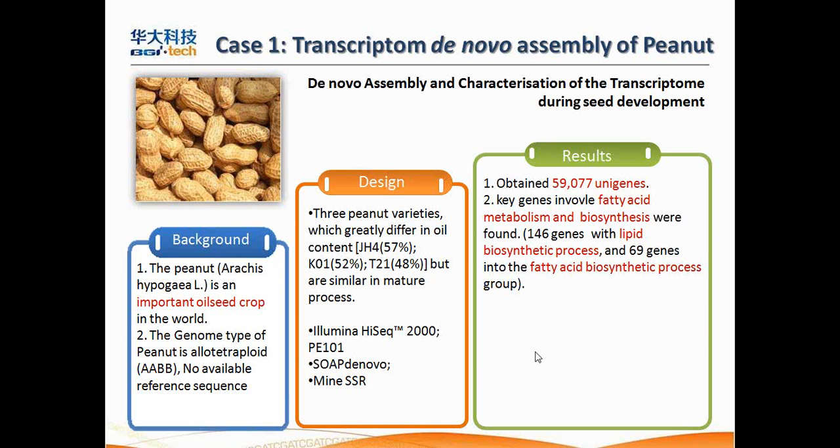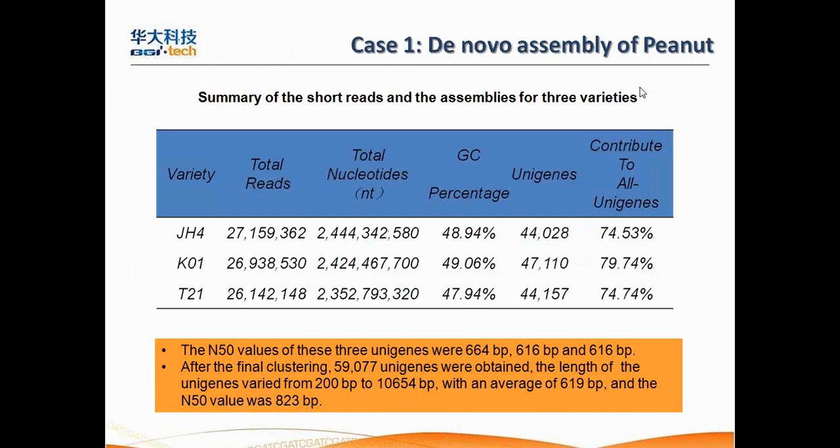So this is a paper published in 2012. So this is for the novel assembly result. This is the name of different varieties, and this is the total sequencing reads they generated for this project. And this is the number of base pairs, number of nucleotides.